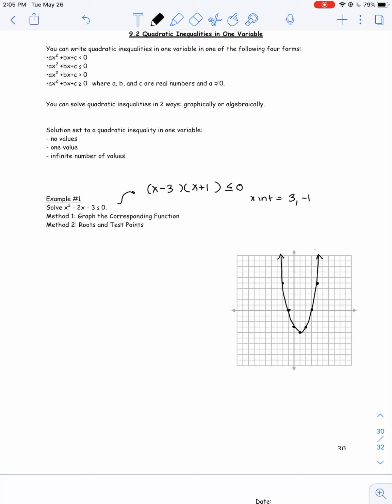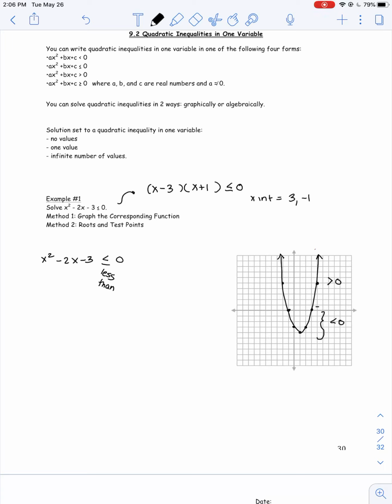So the first method that we're going to use is graphing the corresponding function. What they're saying is, when is the graph less than 0? So x squared minus 2x minus 3, when is it less than or equal to 0? Well, if you look, this is when the graph is less than 0.